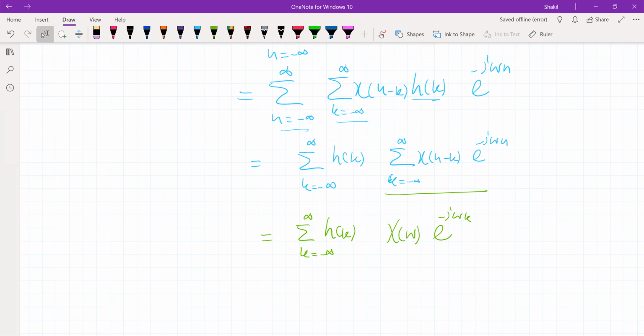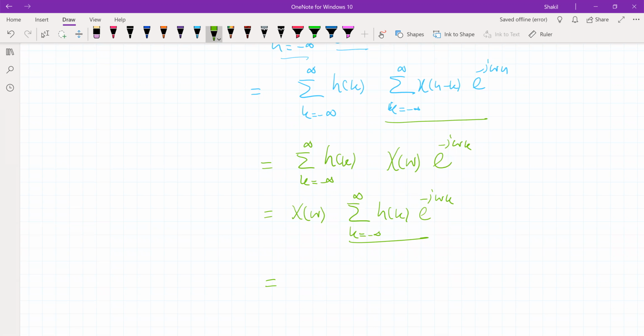This is the time shifting property of discrete time Fourier transform. X of omega is independent of k, so it will be independent of the summation. So we have h of k e to the power of minus j omega k. Have a look at this summation. What is this? This is the discrete time Fourier transform of h of k, so it is H of omega.